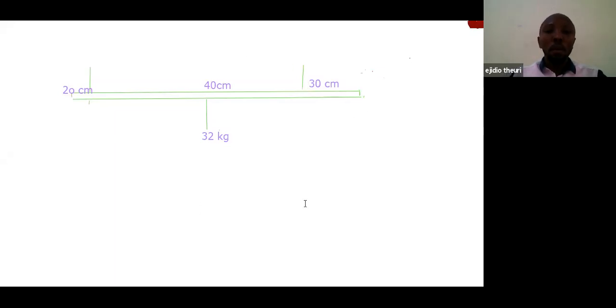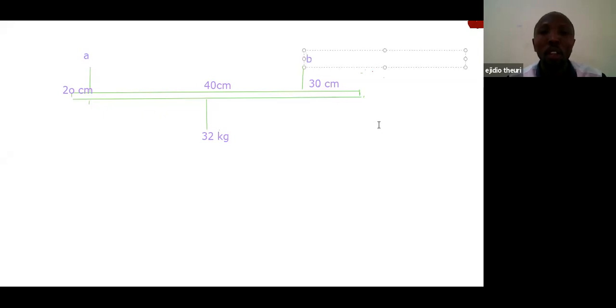Very good. Now, you are supposed to find the reading of each balance. So you can call this force 1 and this other one force 2. Or you can call this A and the other one B, that will be easier.